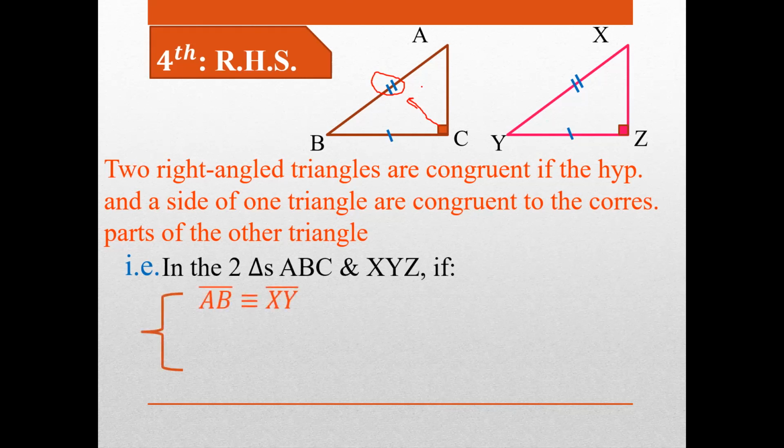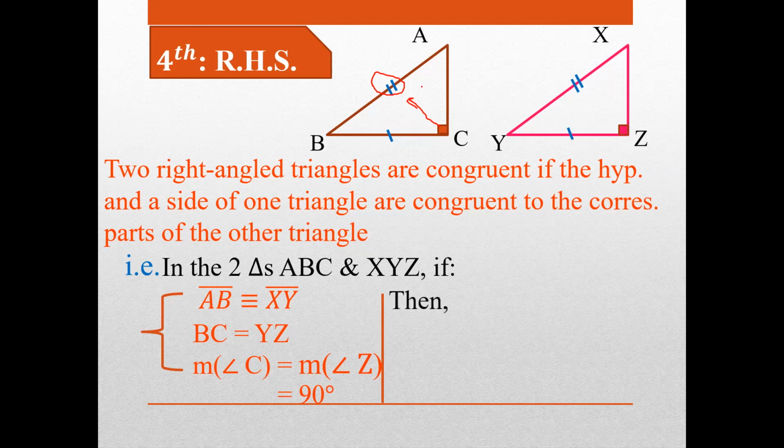Since line segment AB is congruent to line segment XY, and the length of BC equals the length of YZ, and the measure of angle C equals the measure of angle Z, the two angles are right angles equal to 90 degrees.